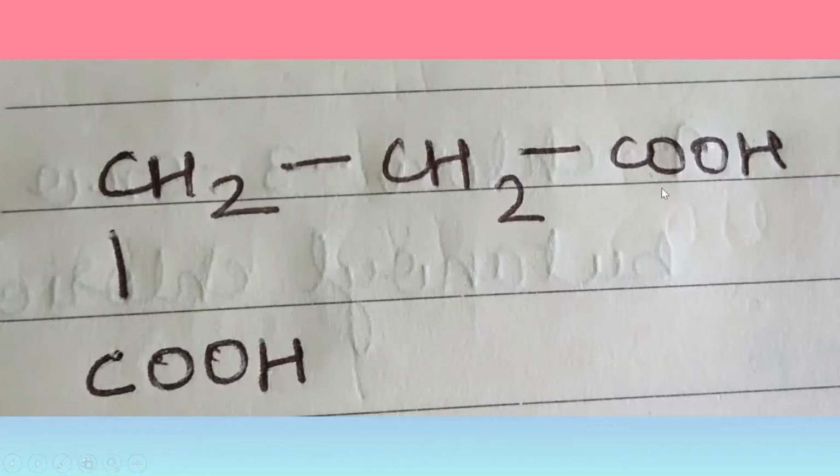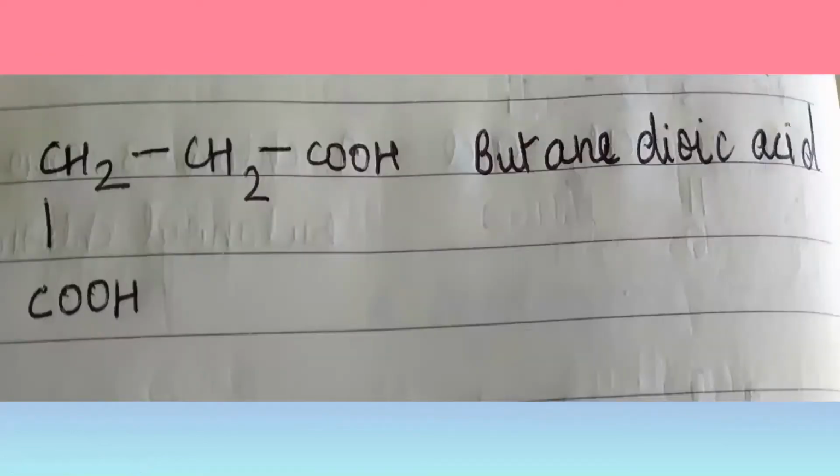So for this one, if you see, there are two carboxylic acid groups attached to it, which makes the parent chain carbon number 4. So its name will be butanedioic acid. Butane because there are 4 carbons here, and dioic for the 2 carboxylic acid groups attached over here.